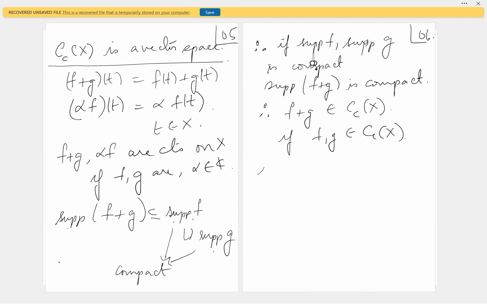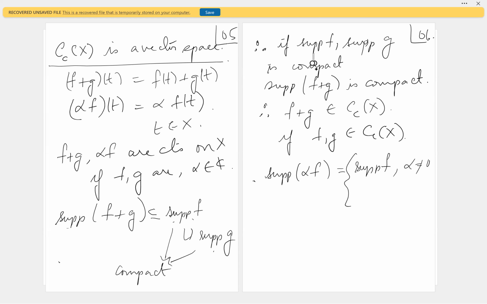And what can you say about the support of alpha f? That is the support of f, if alpha is not equal to 0.